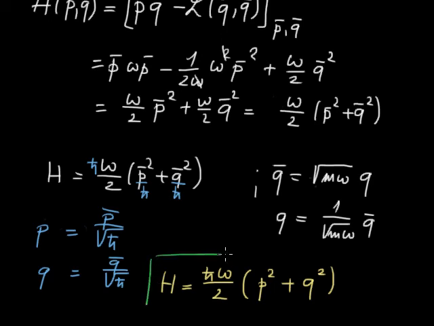So this is my Hamiltonian that I'm going to use, and the advantage of this Hamiltonian is that Q is now perfectly dimensionless, and P is dimensionless too, because this whole thing has a dimension of energy, and the energy is already here, h bar omega, or here h bar omega. Okay, so this is my Hamiltonian that I will be using.